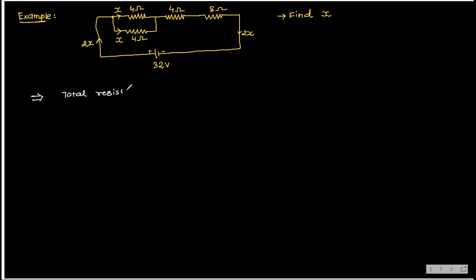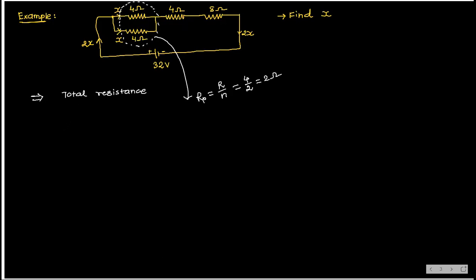When you are finding total resistance, these two branches are in a parallel combination, right? So this is a parallel branch, and the same resistor is connected. So which formula will you use? R by N. RP is equal to R by N. So this is equal to how much? 4 by 2, which is 2 ohm.